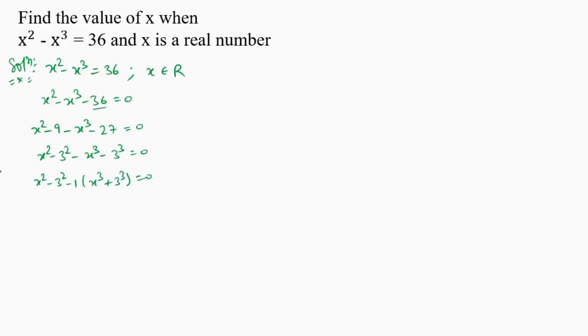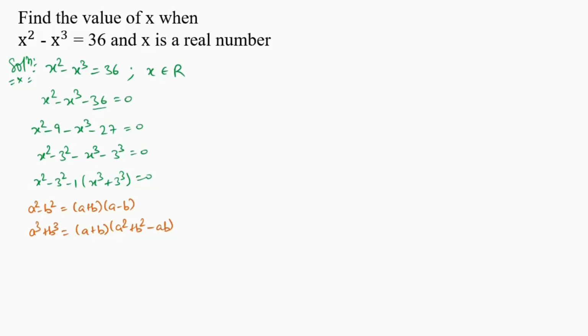So now we know a squared minus b squared equals a plus b times a minus b, and a cubed plus b cubed equals a plus b times a squared plus b squared minus ab.